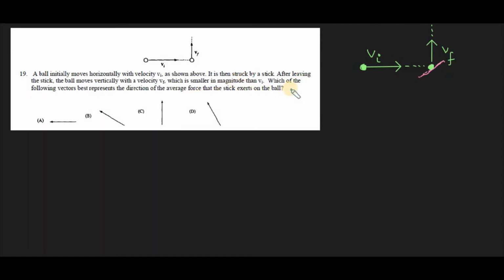Now we have to find which of the following vectors best represents the direction of the average force. Average force can be represented by the rate of change of momentum. So it's delta p upon delta t, and change in momentum is delta of mv.